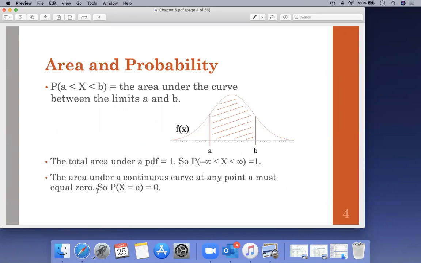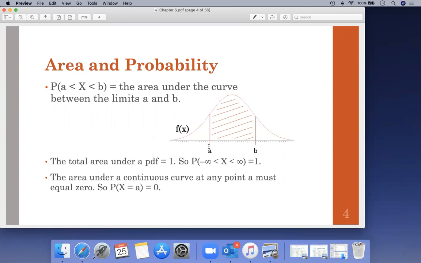Then the next one: the area under a continuous curve at any point, it can be A or B, at any point is 0. That means if you want to find the probability of any single point, you don't need to find it. It's just 0. Why? Because if you want to find area, you need some surface.